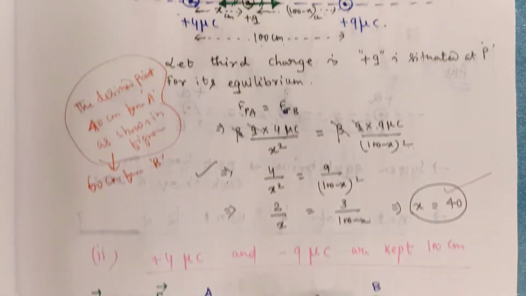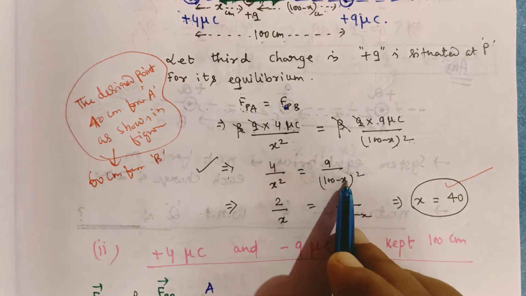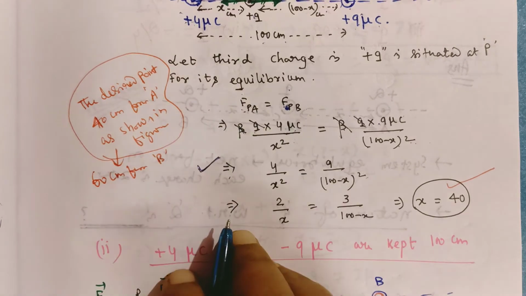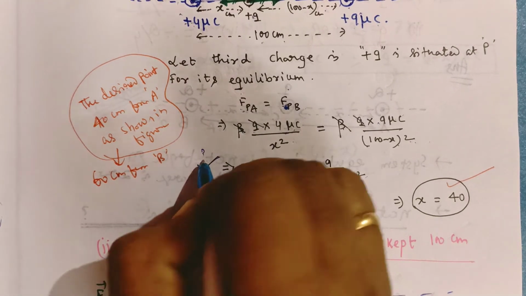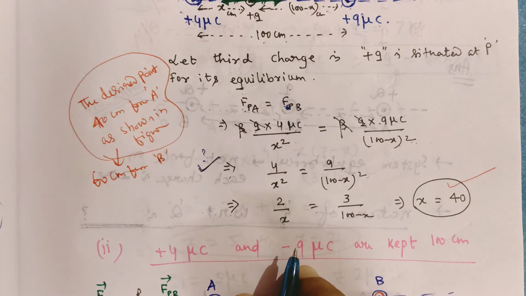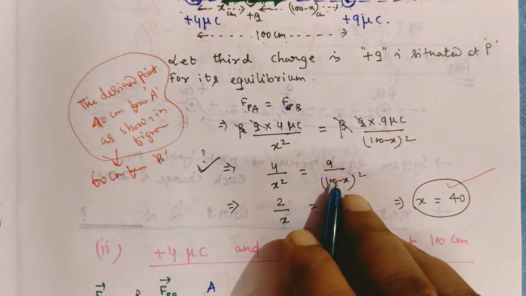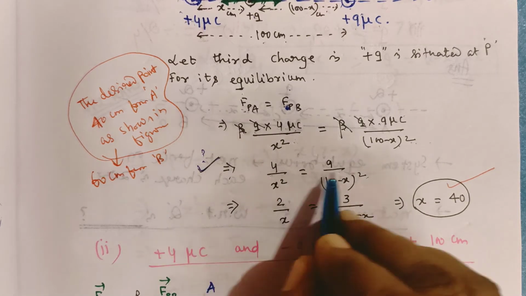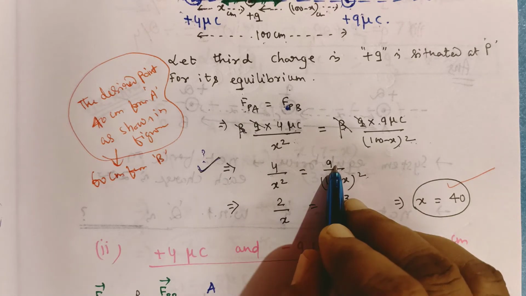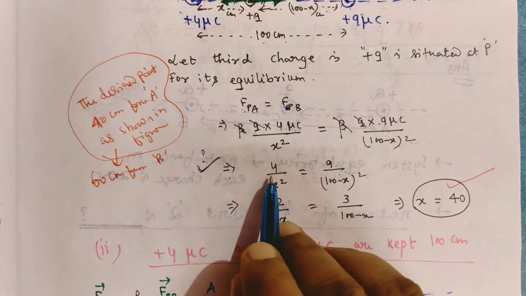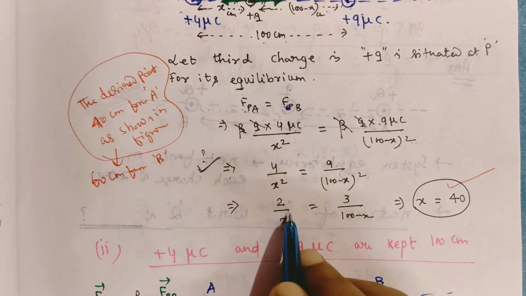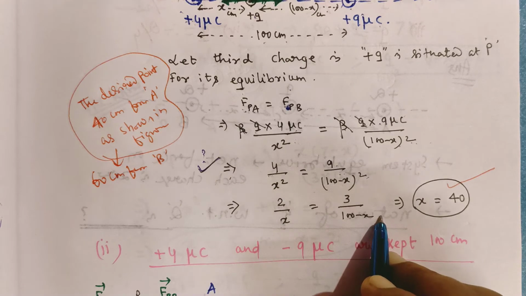Now you proceed. The answer is 4 by x squared equals 9 by (100 minus x) squared. Here I have kept a tick mark, and this is for you only. In board exams, when these types of questions are asked, the data is given in such a manner that you can easily take the square root. 4 and 9: before proceeding with the mathematics, you should take the square root of these two terms. 4 by x squared gives 2 by x, and 3 by 100 minus x.